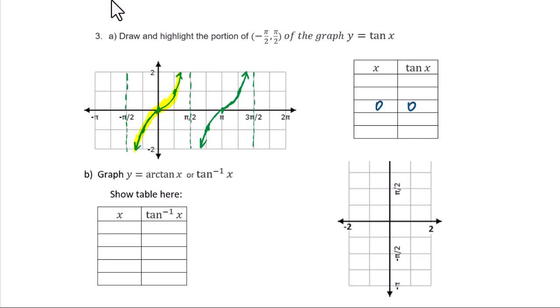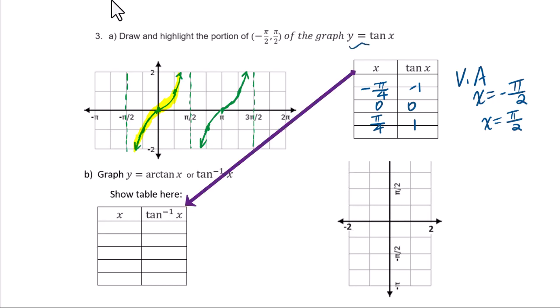0, 0; -pi over 4, -1; pi over 4, +1. We have a vertical asymptote line at x equals -pi over 2 and x equals pi over 2. Let's fill out this table for inverse tangent x.